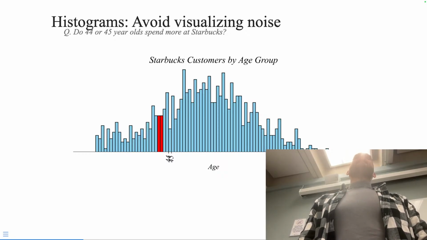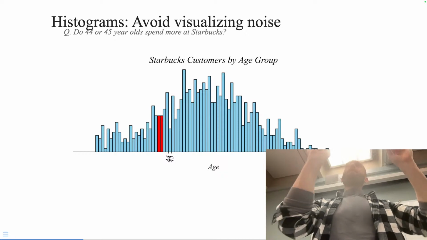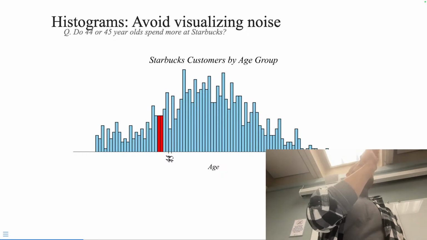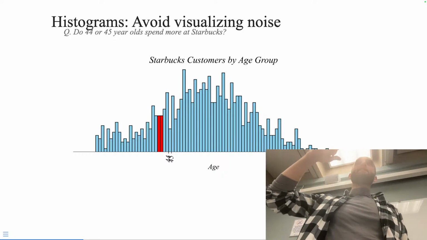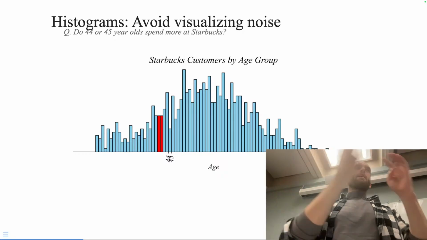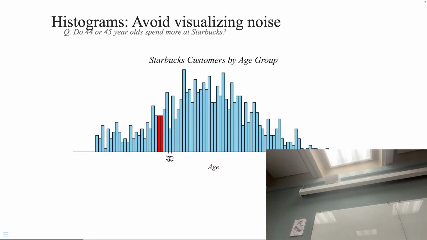I think this is the biggest problem with this figure, is we have so many bins. The data itself is noisy. The difference between any two bins that are right next to each other, including 44 and 45. These two are identical, but the ones I meant to label, 44 and 45, are very different.